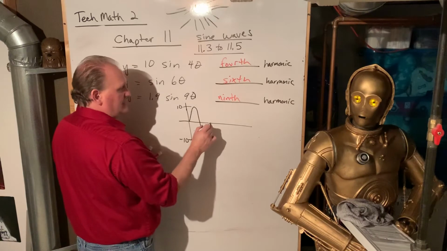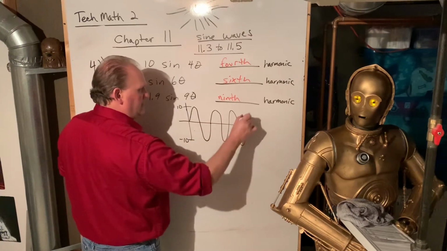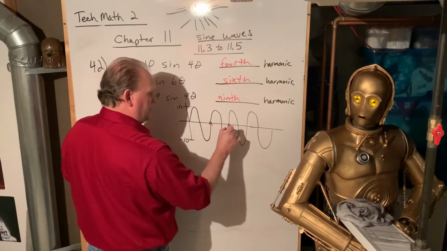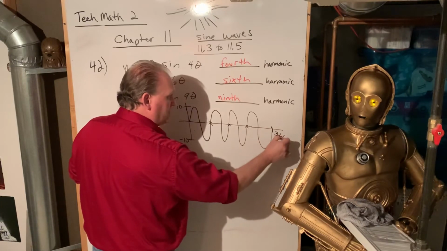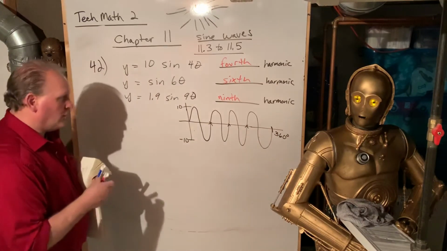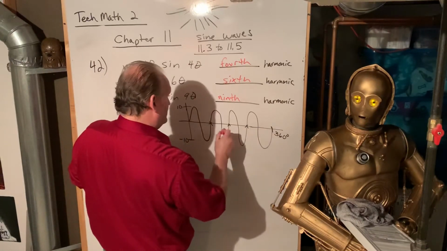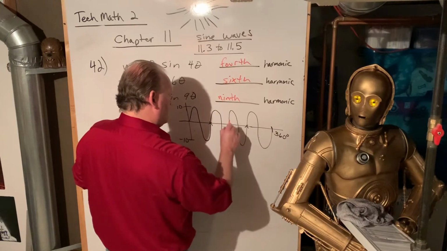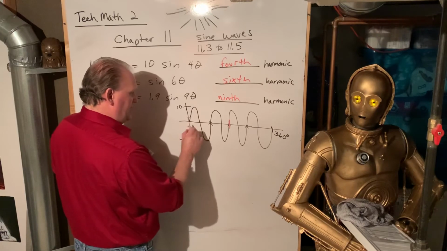But this, we'd get 1, 2, 3, 4 of them, and that would be 360 degrees. Where a normal sine wave wouldn't look like that. A normal sine wave would only go up to 1 and down to negative 1.